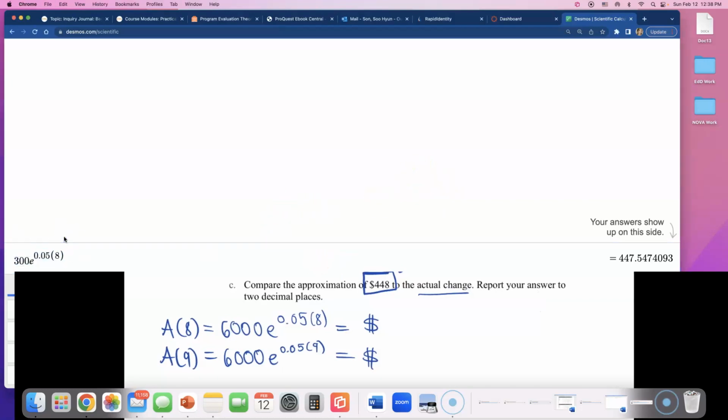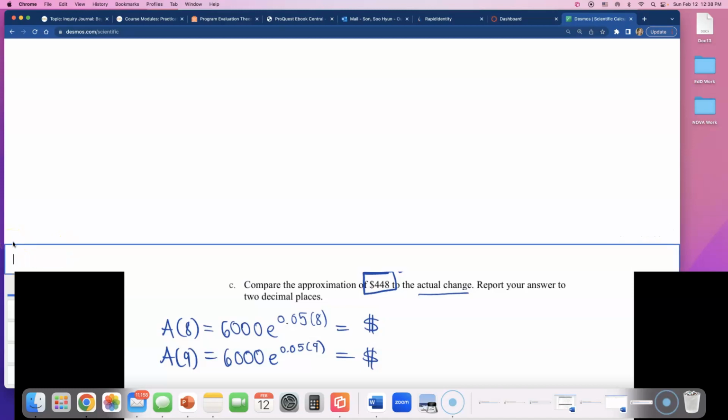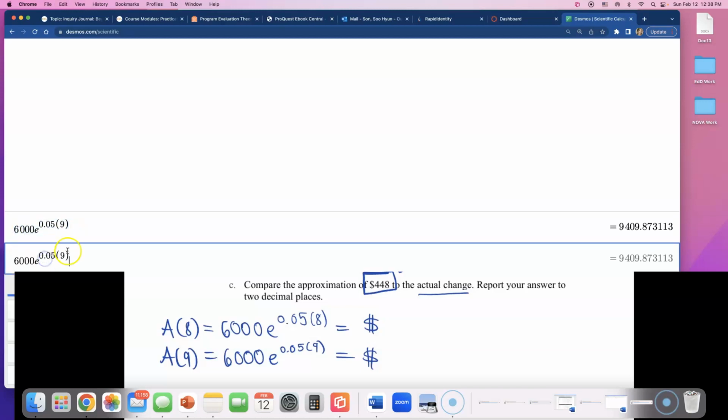So take a look. 6,000, using the calculator now, 6,000 times e to the 0.05 times 9. So that's the balance after 9 years. Now, the balance after 8 years is that amount.